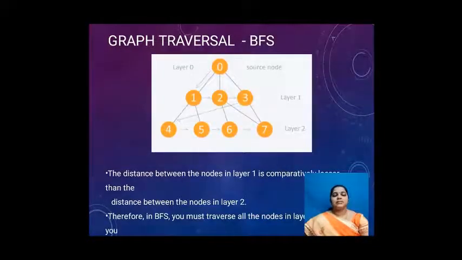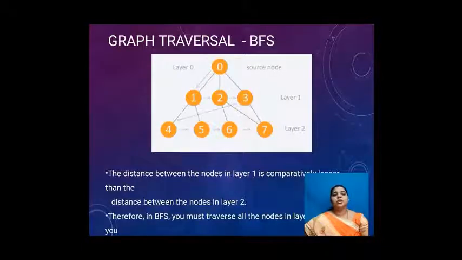Here is an example of the breadth first search method. The layer 0 has the source node. The distances between the nodes in layer 1 are lesser than the distances of the layer 2 nodes.